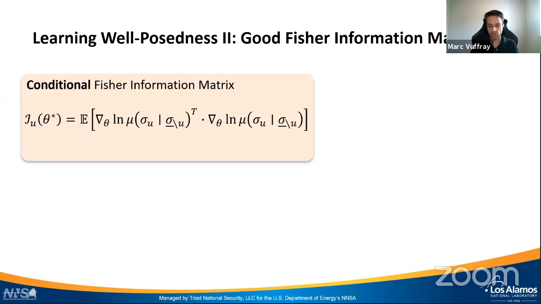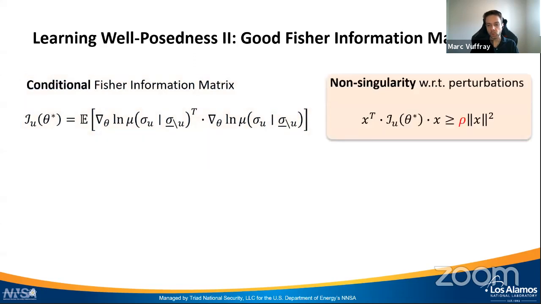You should actually pay a price in likelihood; the likelihood should decrease. If you look at the conditional Fisher information matrix, which is the same as the Fisher information matrix but with respect to the conditional distribution, which is the Hessian of the conditional likelihood, what we ask is that it is non-singular with respect to some perturbation.